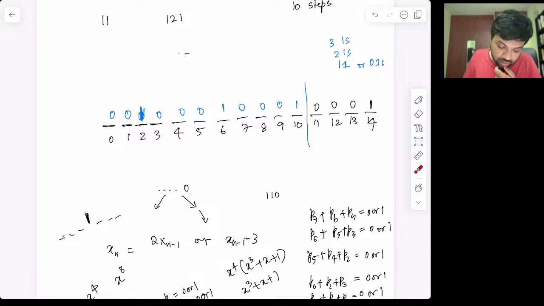This is x1, this is x2. I think the number of zeros you're putting is at least 3, right, in between. So I think can't we do some divider method like stars and bars?